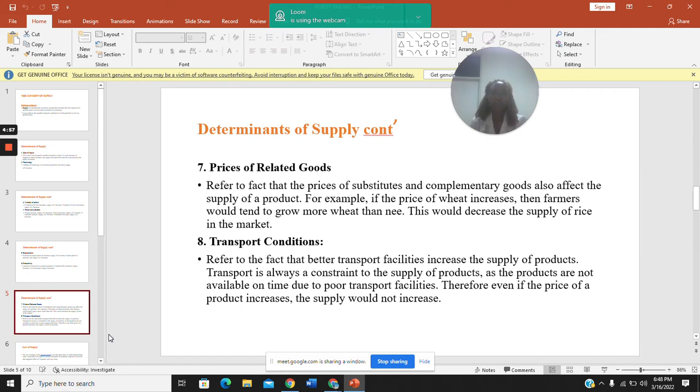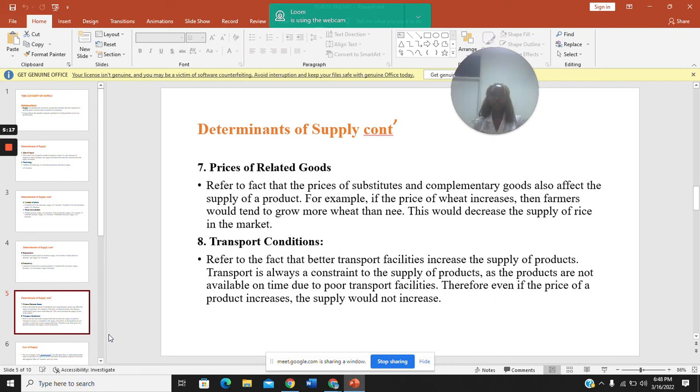For example, if the price of wheat increases, then farmers would tend to grow more wheat than needed. This would decrease the supply of rice in the market. Number 8.